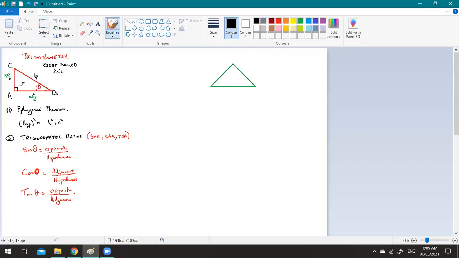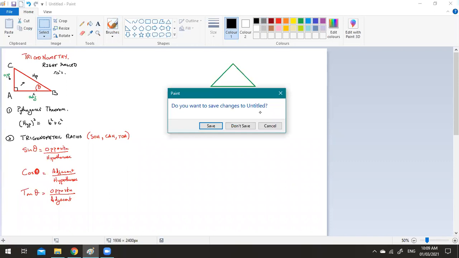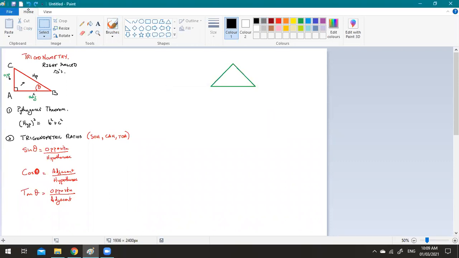So for right angle triangles, these are the two things you have to learn: Pythagoras theorem and the trigonometric ratios.